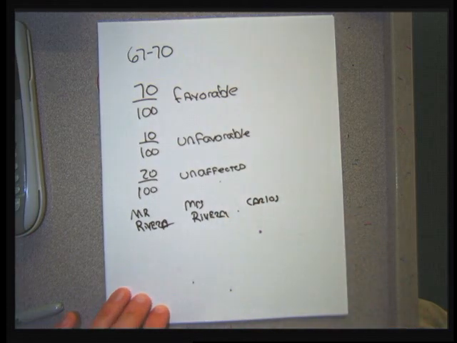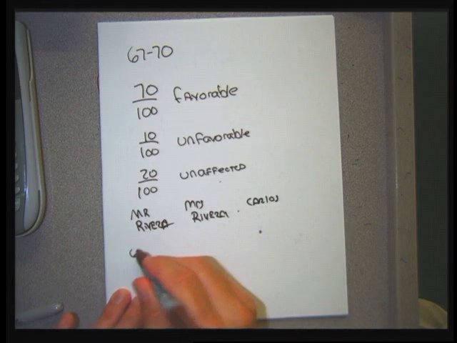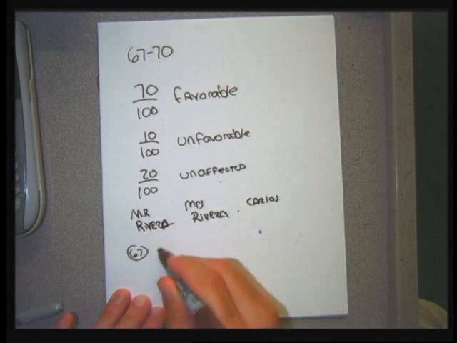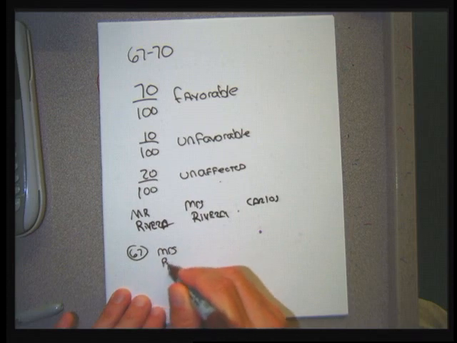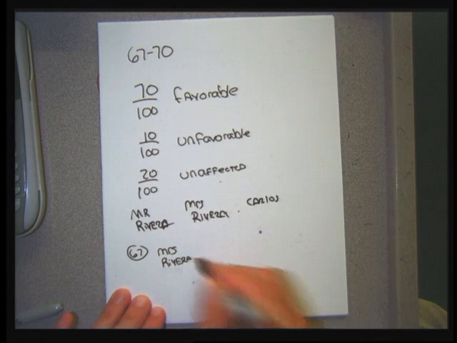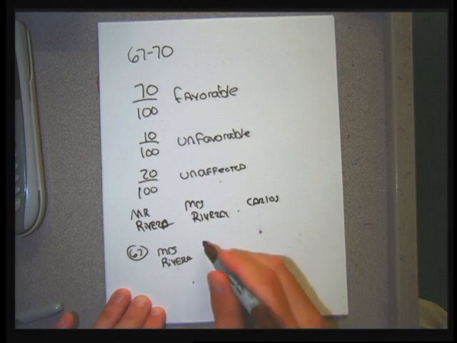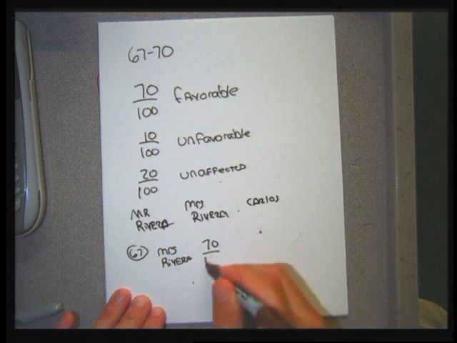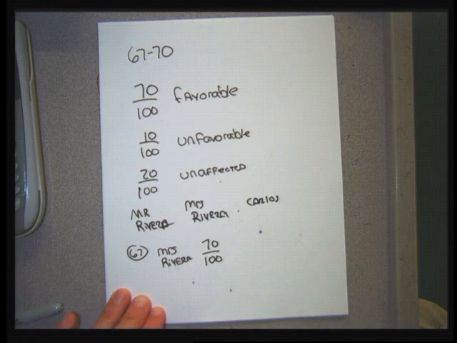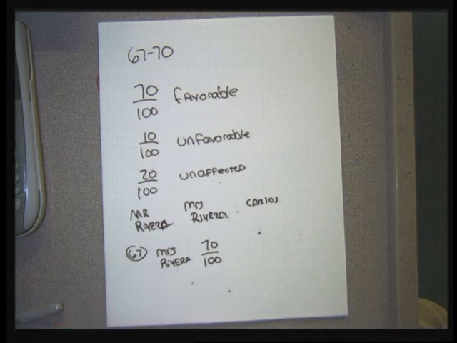And then what's the probability that Mrs. Rivera, so I'll just do all of these, what's the probability that only Mrs. Rivera reacts favorably? Well, her chance of reacting favorably is just like the general population, 70 over 100. There's no multiplication because I'm only looking for one person's probability.